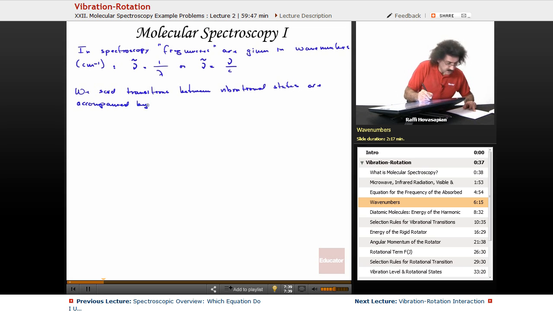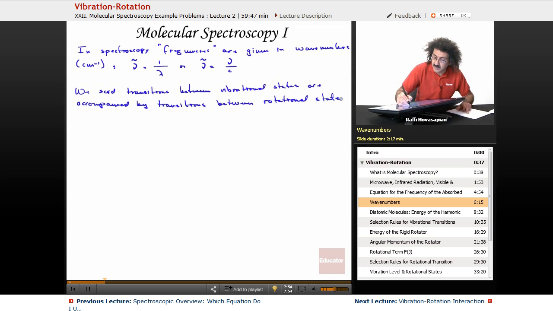Are accompanied by transitions between rotational states as well. Okay, the following discussion is going to apply to diatomic molecules. So we'll discuss polyatomic molecules, but for right now we're just going to talk about diatomic molecules, homonuclear and heteronuclear.